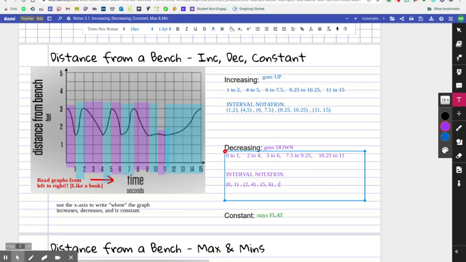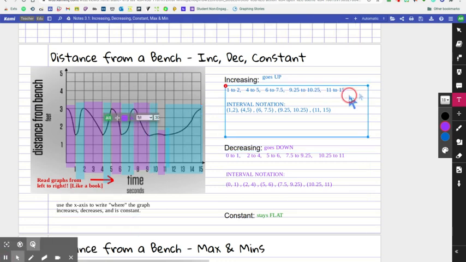Then we have 7.5 to 9.25. So we write that as parentheses 7.5, comma, 9.25. Last one. Somebody tell me how to write the last one. Beautiful.